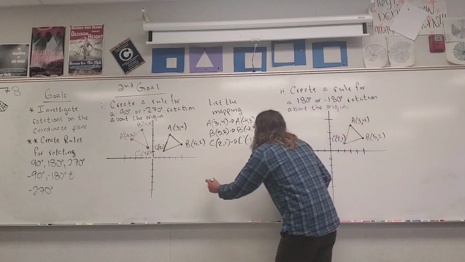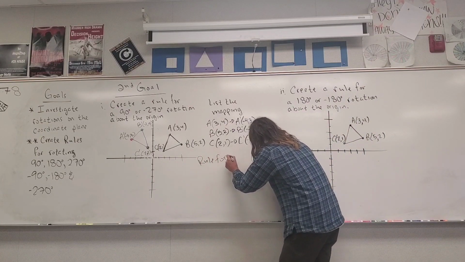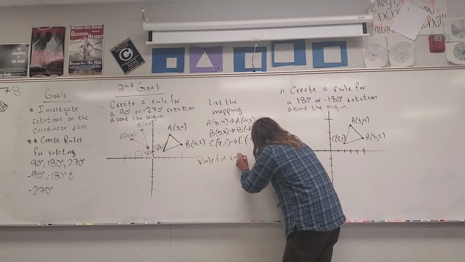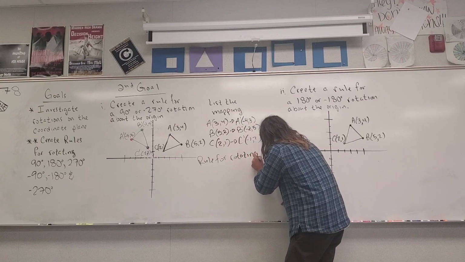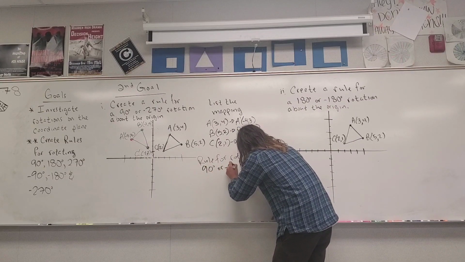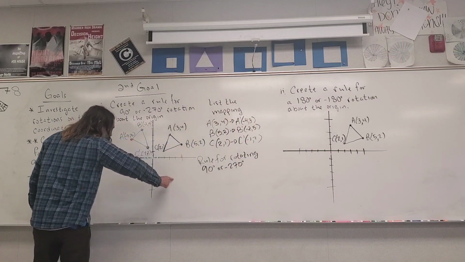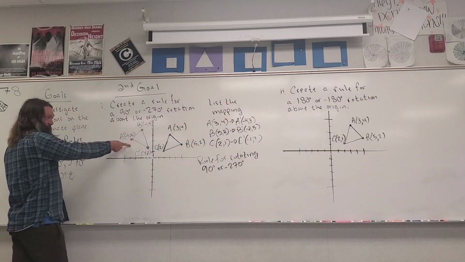So the rule for rotating 90 degrees or negative 270 degrees, because I would go 3 quadrants in the clockwise direction.